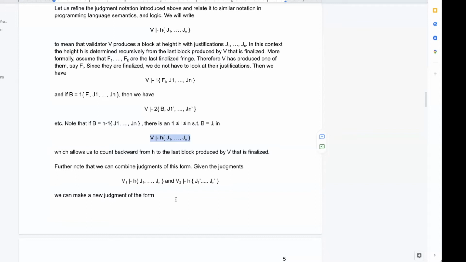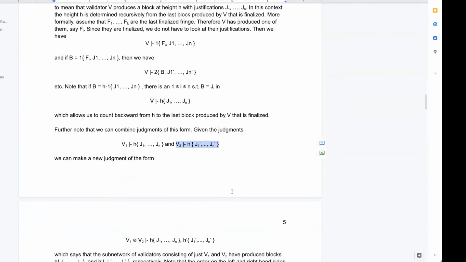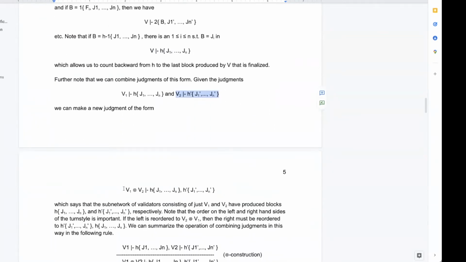Notice that if we have a pair of block expressions, we can combine them. Given two of them, we can combine them like this, and we use this funny tensor symbol to indicate that there isn't a single validator producing these two blocks, but rather the pair.